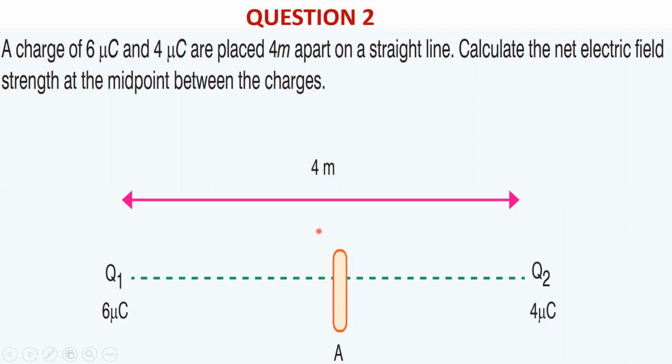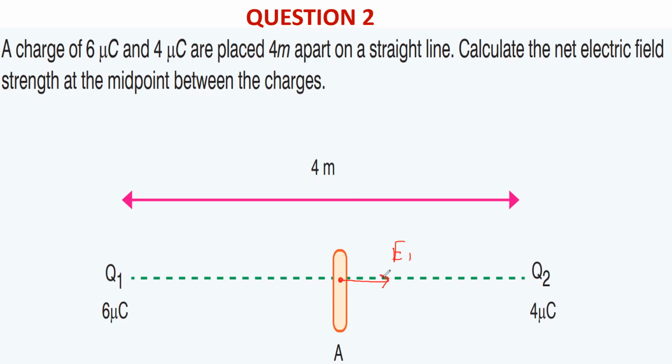First of all, this point will have an electric field from Q1, let's say E1. What is the direction of E1 at point A? Let's make a point here. E1 is to the right, because if it is positive, it repels, we said, right?